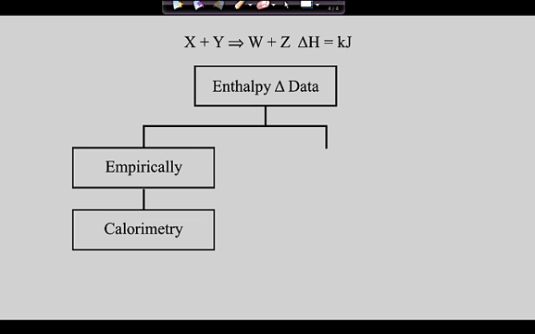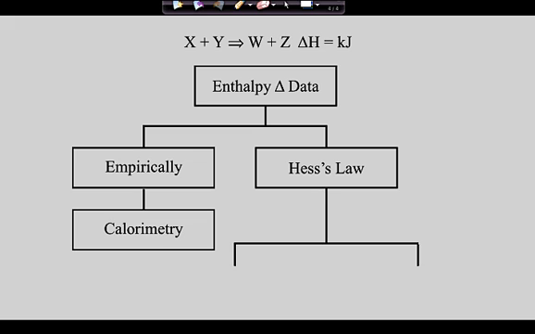But guys, interestingly, there's another way that we can come up with this information. There's another way that we can figure out enthalpy changes for reactions. It is through a process, forgive the term, but through a construct that we call Hess's law.